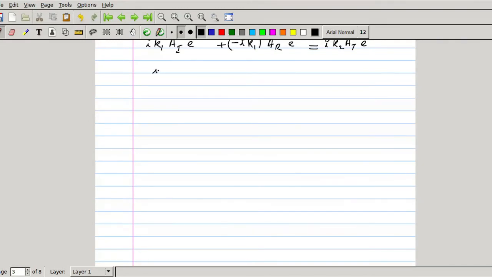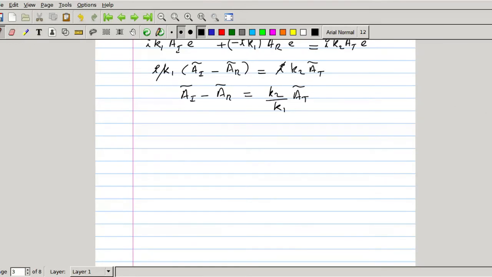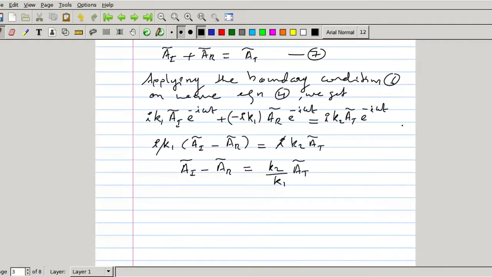We can take I k1 common from these two terms: I k1 into (A_i minus A_r) is equal to I k2 A_t. This I will get cancelled. Then taking k1 to the right hand side, we have A_i minus A_r is equal to k2 by k1 A_t. We take this as equation number 8.